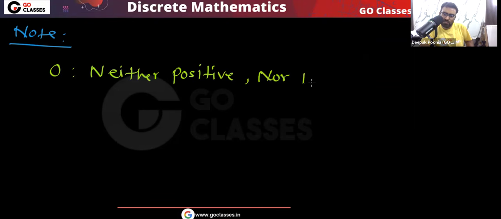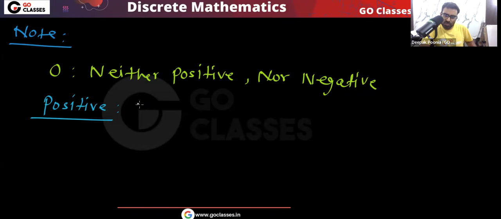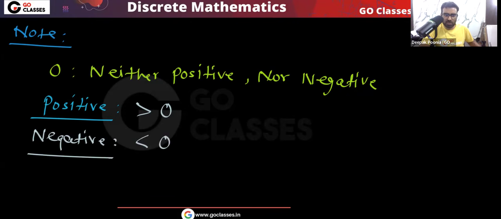Negative means less than 0. 0 is even, but 0 is neither positive nor negative. Remember, 0 is even, but it is not positive. Don't say that it is positive. It is neither positive nor negative.